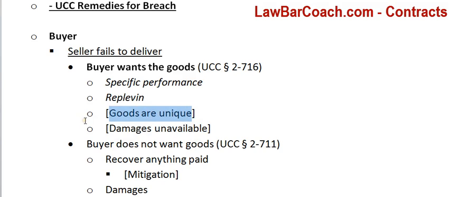For instance, if I purchase a specific guitar from a certain year, say a 1961 Gibson SG that was owned by Duane Allman. I paid for it. It's a one-of-a-kind piece, and all of a sudden the seller is not going to deliver it to me because he wants to sell it to another collector who's going to pay more money. It's a very unique item.